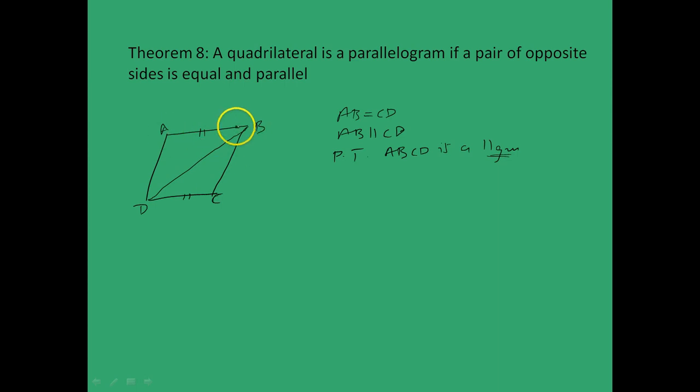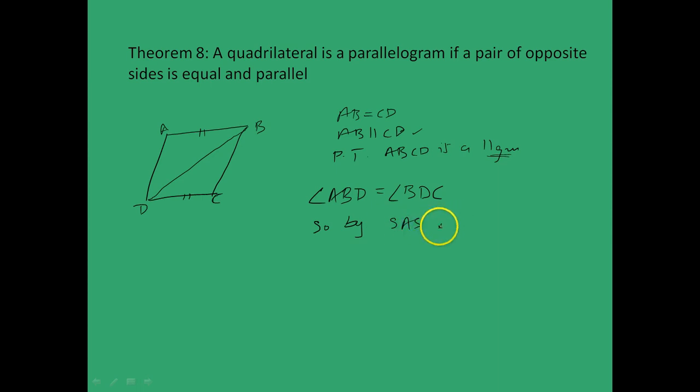Then, because AB is parallel to DC, and with DB as the transversal, we have angle ABD equal to angle BDC. Why? Because these two are internal alternate angles. So AB is the parallel line and the line segment BD is the transversal.